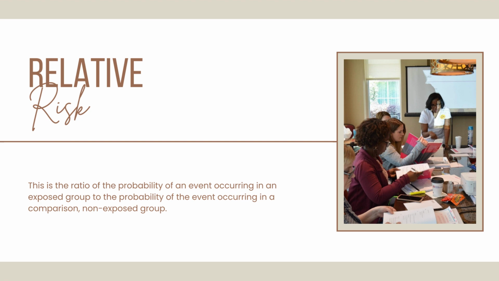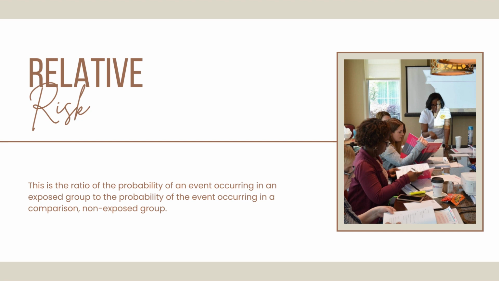Okay, so relative risk, we're reading it, right? Relative risk is the ratio of the probability of an event occurring in an exposed group compared to the probability of an event occurring in a non-exposed group. Okay? And I'm big on doing things in threes, right?